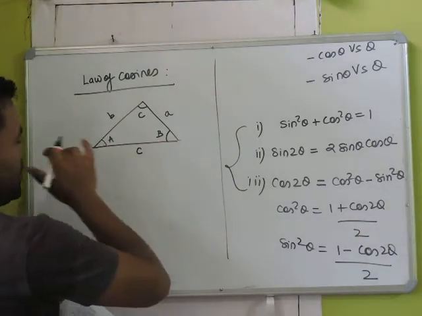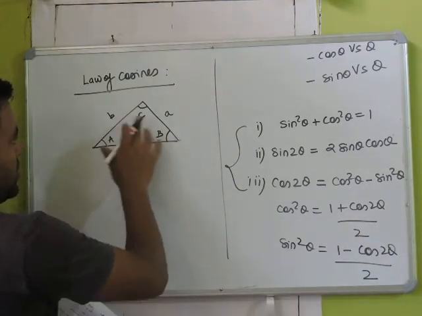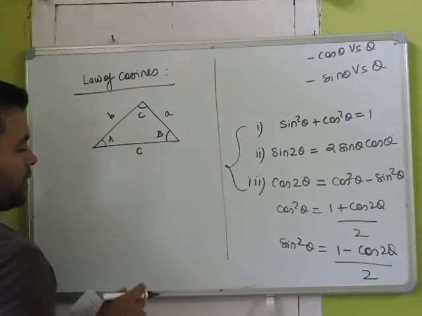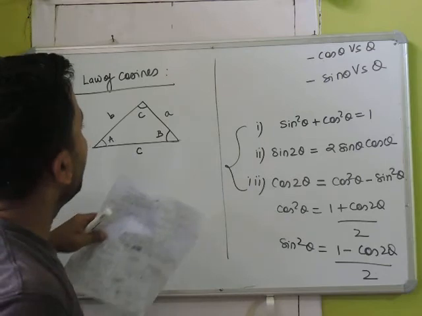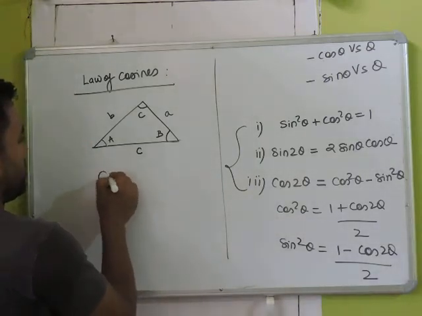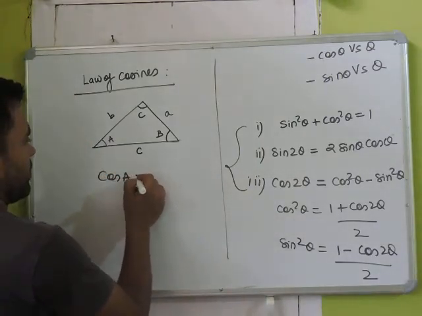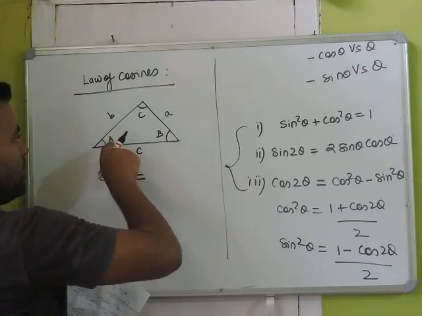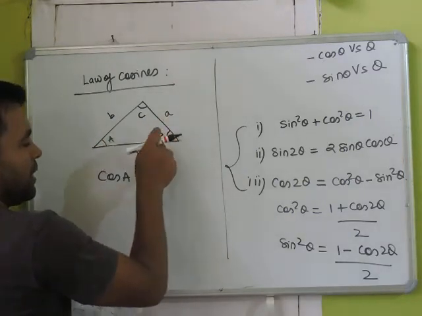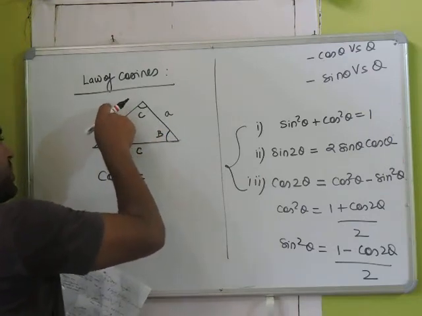Here, for the law of cosines, I'm not going to prove it, but if you want me to, let me know. If I write the value of cos A, this angle, the opposite side is small a of the capital angle A, and similarly capital B has side b opposite.